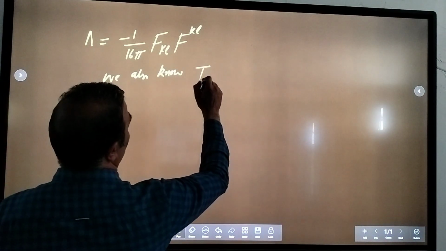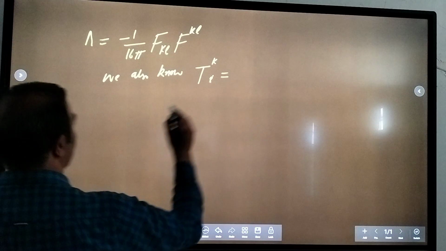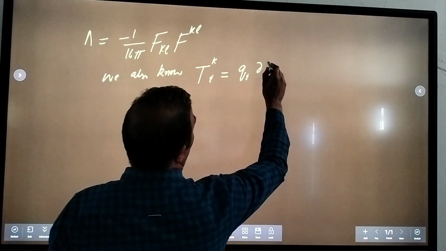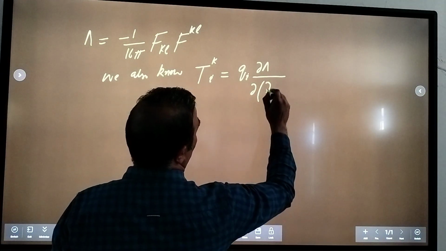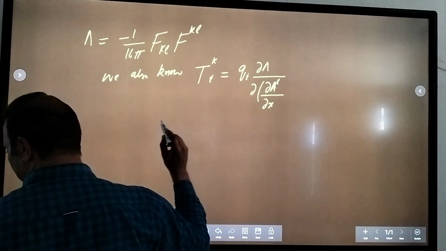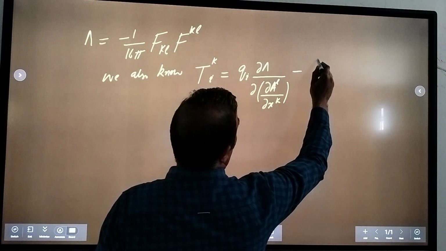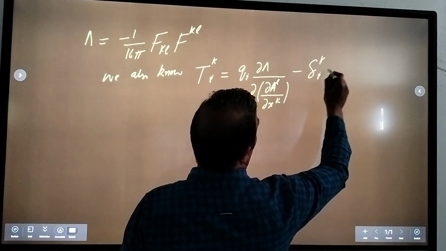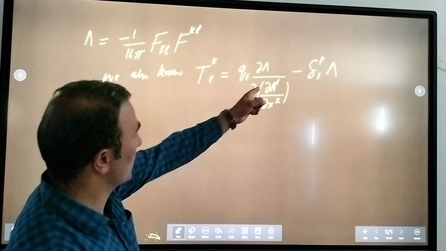that F_{ik} equals the derivative of A_k minus the derivative of A_i, right? So this is our Kronecker delta and this is our field potential, A, right?